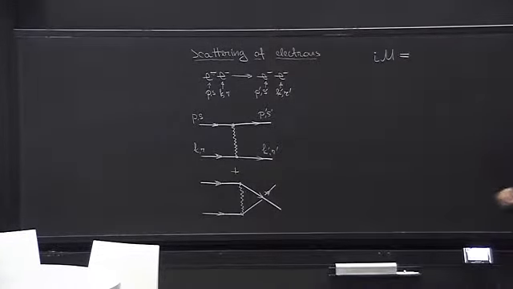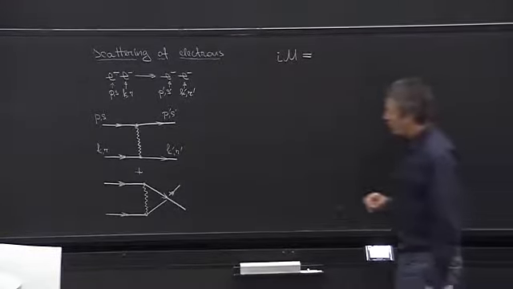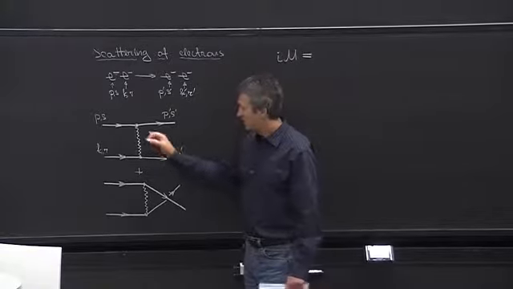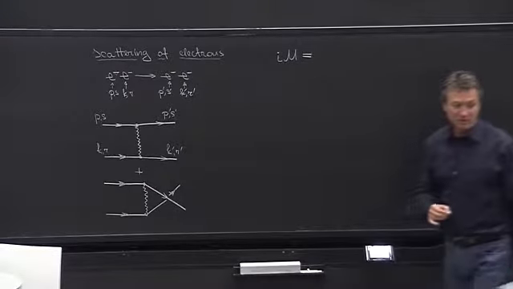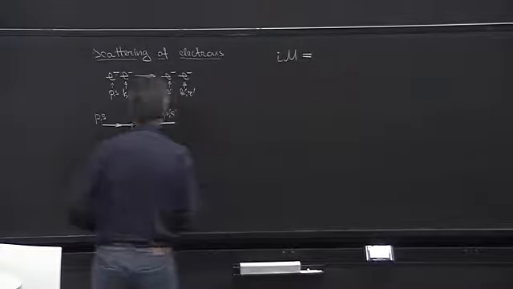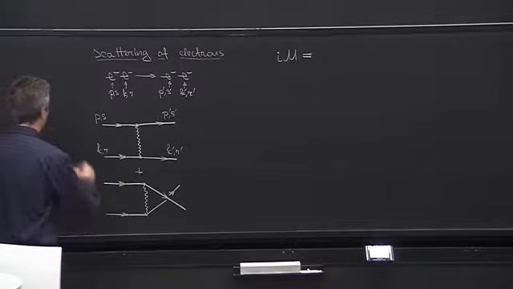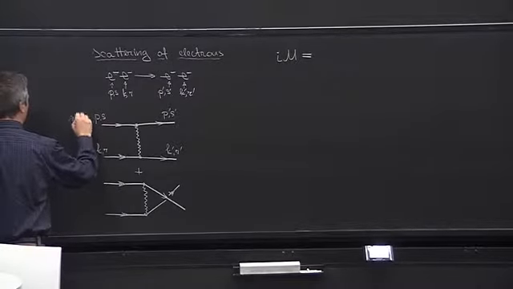So how do we calculate the amplitude? We just need to multiply all elements that appear in this diagram. And so what elements do we have? We have initial and final wave functions.